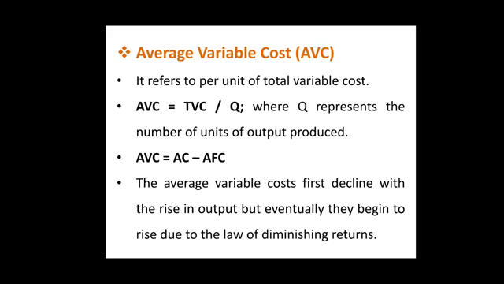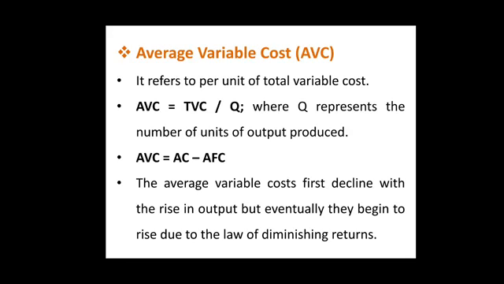Average variable cost equals total variable cost at each level of output, that is TVC, divided by the number of units of output produced, that is Q. Thus, AVC, which is average variable cost, is equal to TVC divided by Q, where Q represents the number of units of output produced.